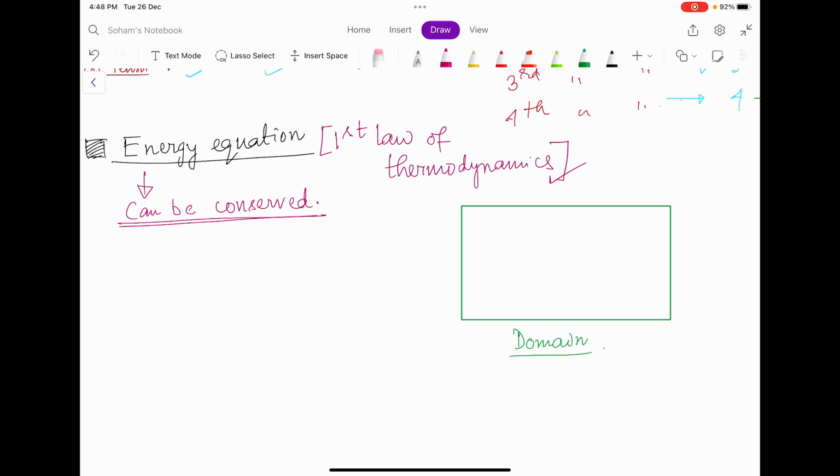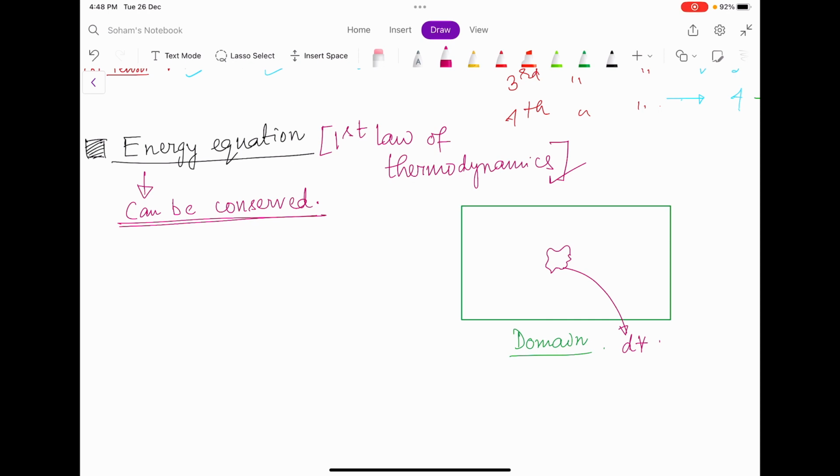So I can take an infinitesimal volume dv, and I can apply the basic energy balance.